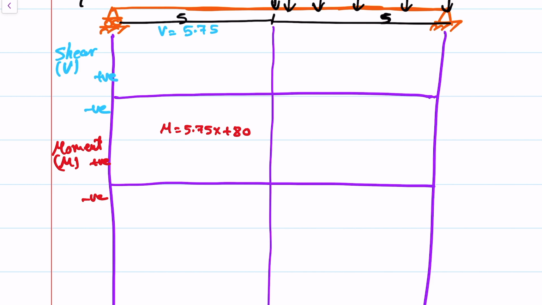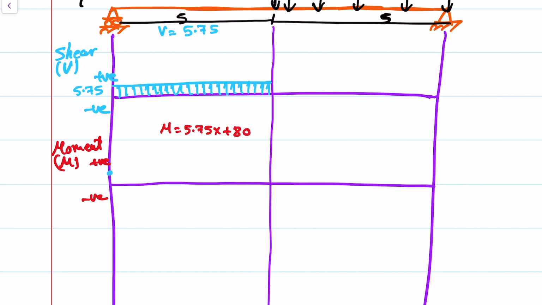Okay, so the shear is a fixed value of 5.75, let's say this much, and the moment for x equals 0 equals 80.